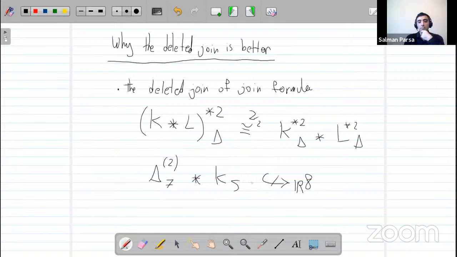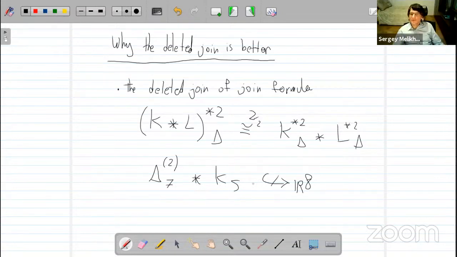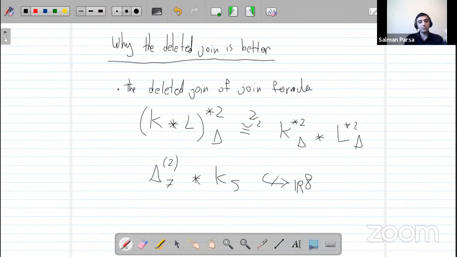Sorry, not R7. No, it's a double dimension, so it should be even. But what is a double dimension? Because it's twice the dimension of this object.